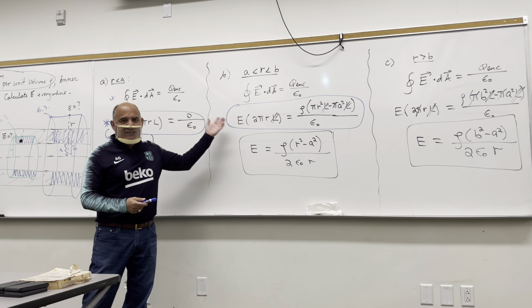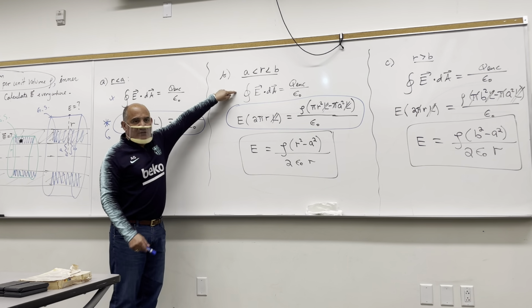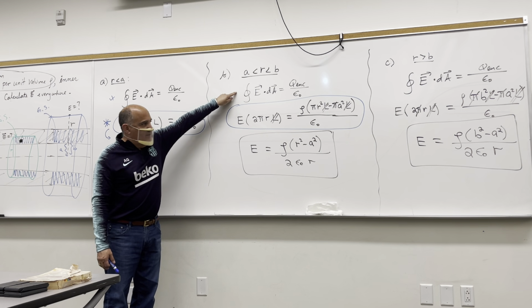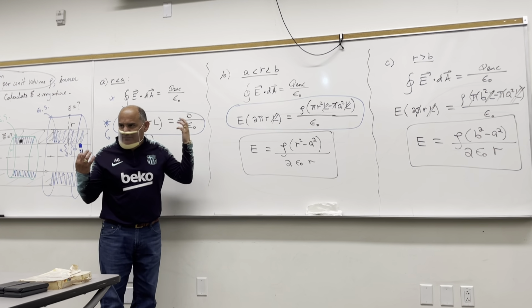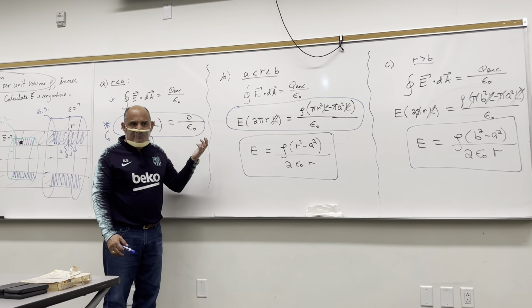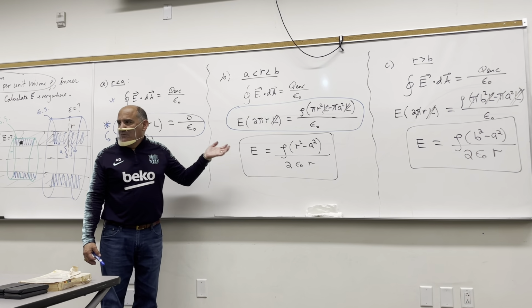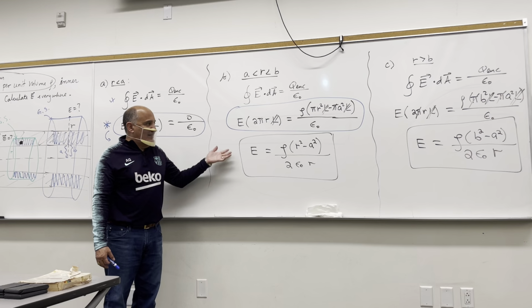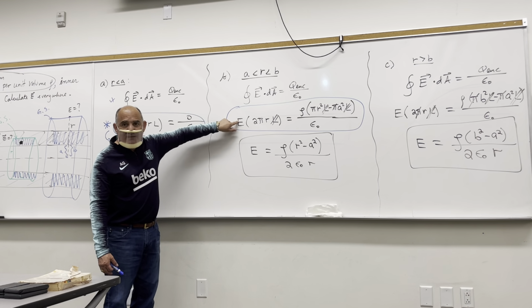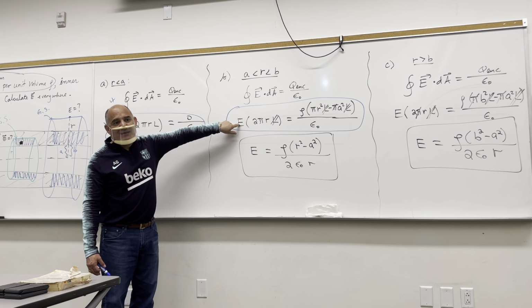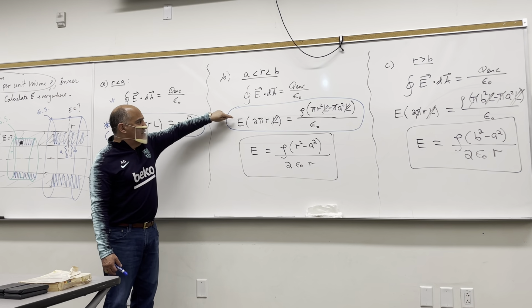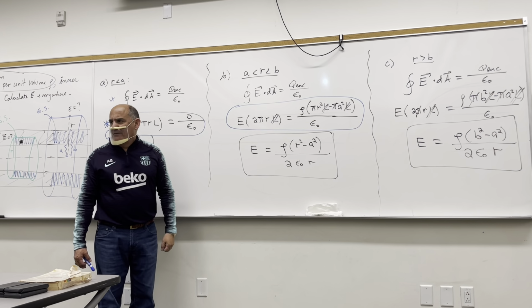The next line is algebra. So you're not going to get points for Gauss's law because you're given that. To go from here to there is just middle school algebra, high school algebra, right? So this is where the physics comes in. Make sure that you write that line correctly. Otherwise, if you make a mistake from here to there, I'll just knock off 1 point.